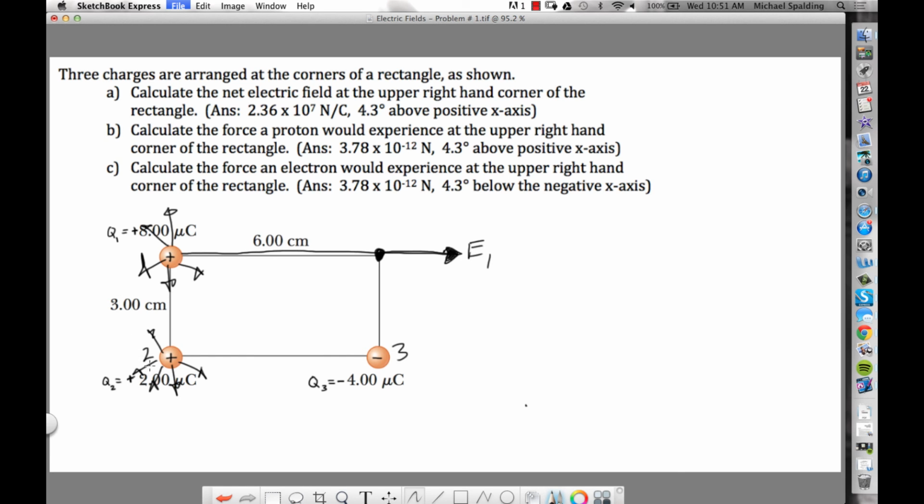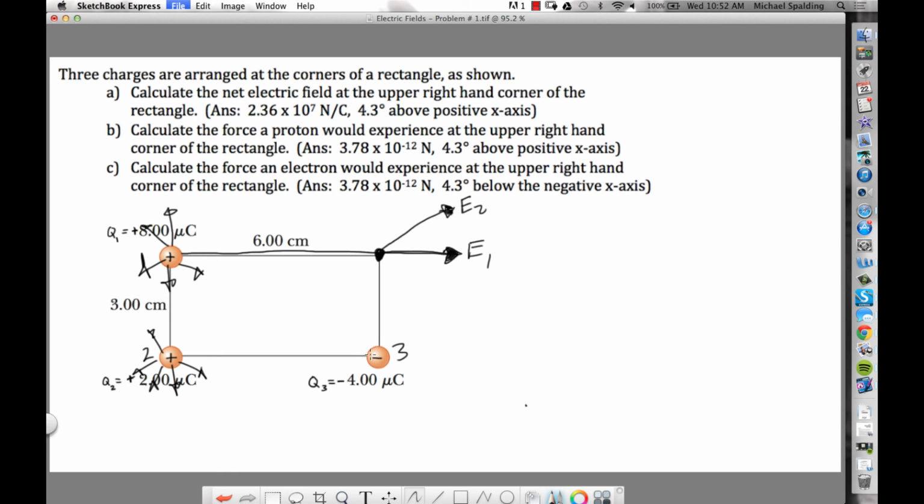Now, what's the electric field from charge 2 doing at the point we're focusing on? It's going out, out, out. Bam! Like that. E2. So that's what electric field 2 is doing.